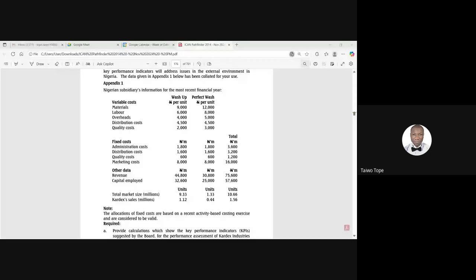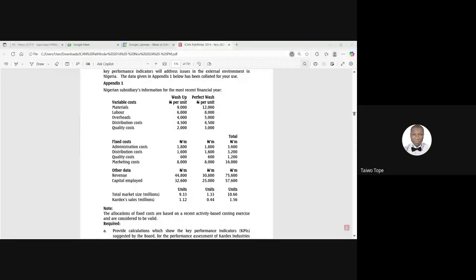Then your fixed cost is what? Fixed costs, we have administrative costs, distribution costs, quality costs, marketing costs. So when you add all those things to give you what? 12,000.